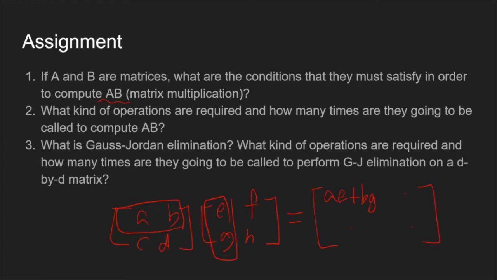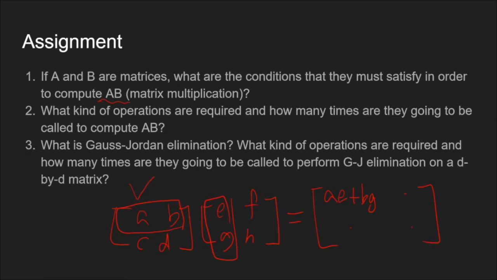Now, one of the things that we learn way back in linear algebra class is that in order to do a matrix multiplication, the number of columns of the first matrix has to be the same as the number of rows in the second matrix, right?